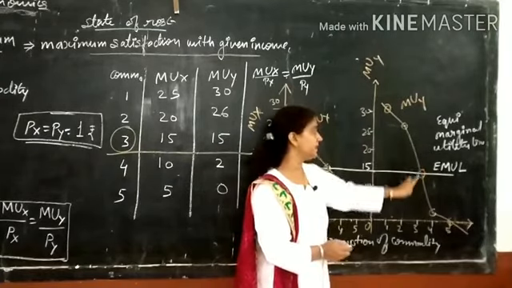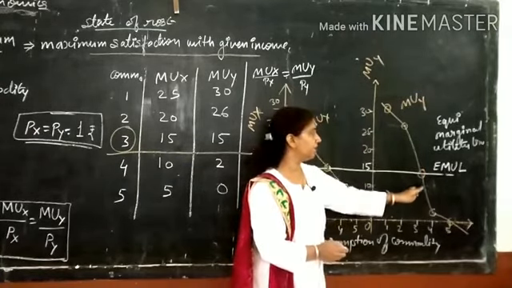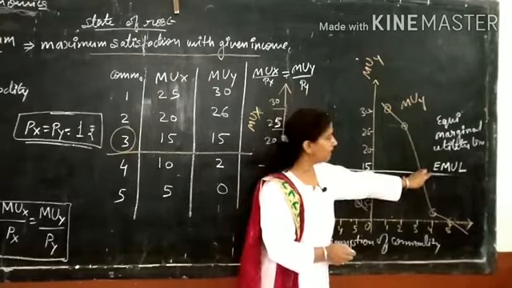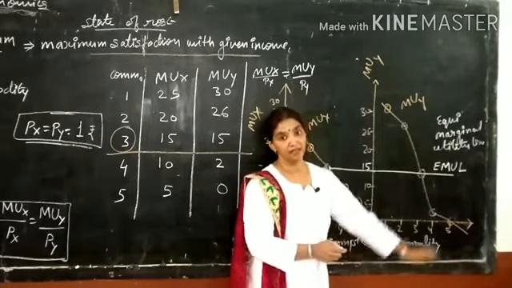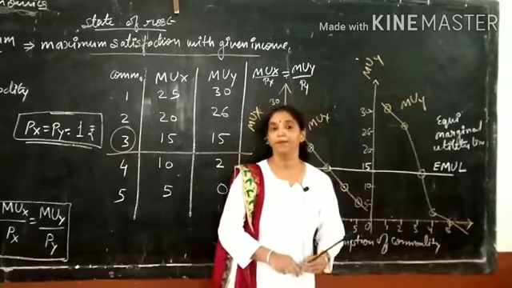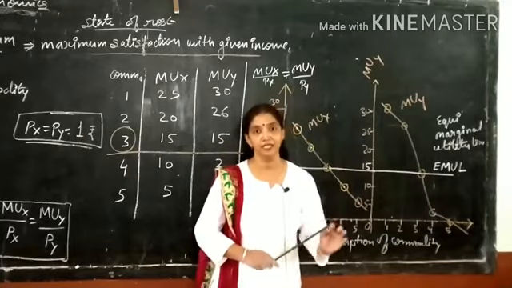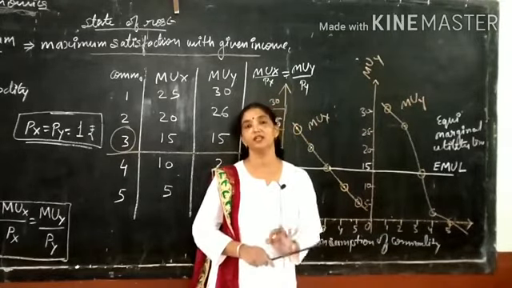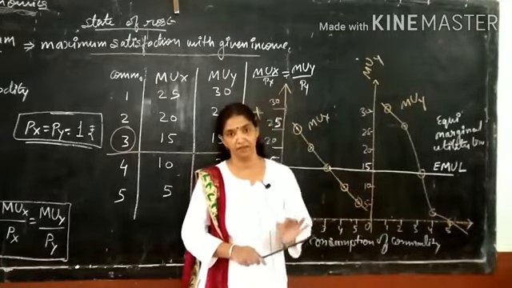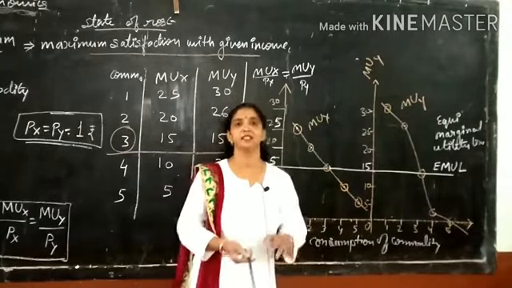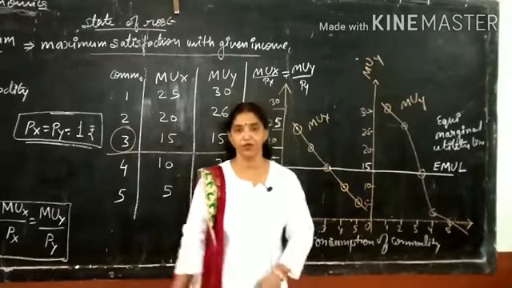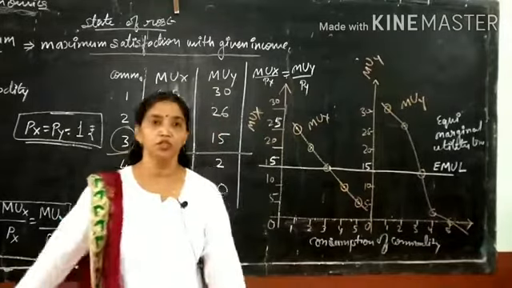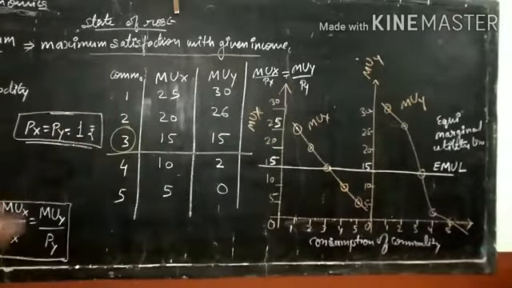It means the equi-marginal utility line. The equi-marginal utility line shows the equal marginal utilities which a consumer is getting from the different consumption levels at the given prices. So this is all about our consumer equilibrium condition in the case of two commodities.